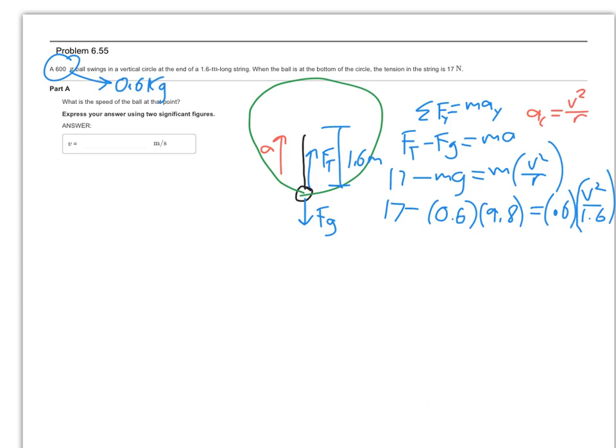So on that left side, I end up with 11.12, and that's going to be equal to, if I do 0.6 divided by 1.6, it ends up being 0.375 v squared. All right, so solving for v there, I end up getting that the velocity is 5.44 meters per second. Rounding to 2 sig figs is just 5.4.